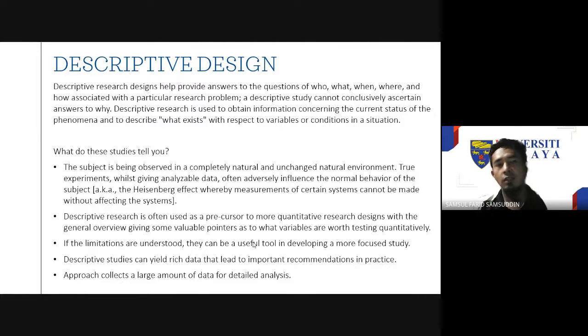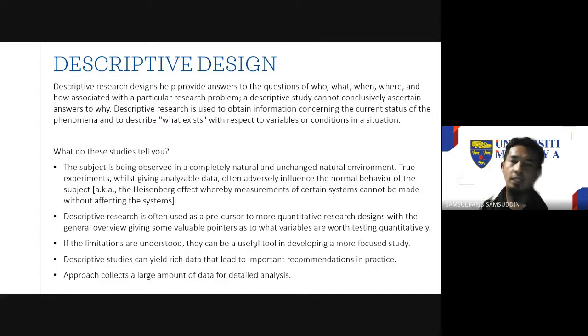So this kind of descriptive design will involve several kinds of variables and several kinds of theories. It is not exactly reporting, but it can sit similarly to a reporting kind of research design.